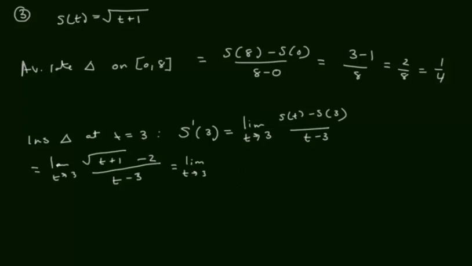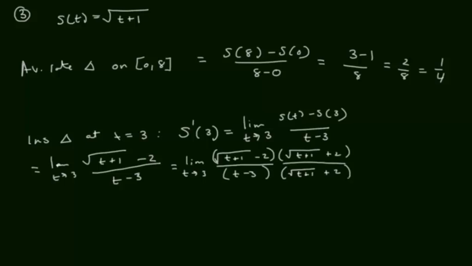Otherwise, you might recognize you need to multiply top and bottom by the conjugate of the numerator, like that. Top and bottom by the square root of t plus 1, then plus 2, that quantity. When we do that, now I have to keep writing these limit statements. As much as they can be a pain, it's important. I'm going to expand or FOIL the top.